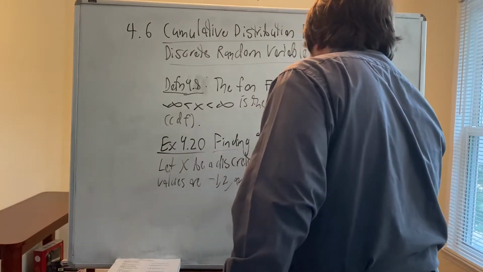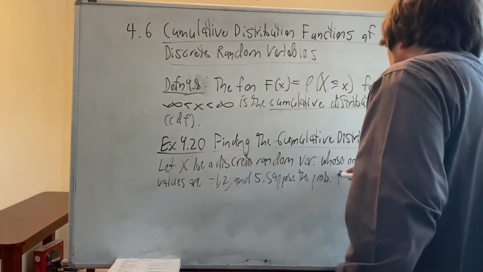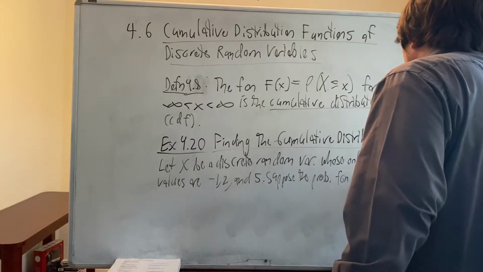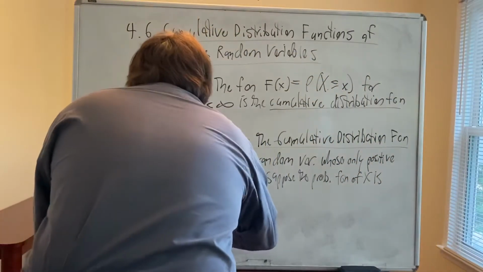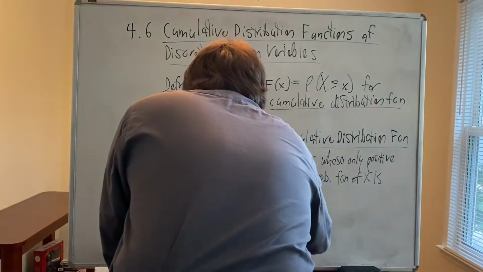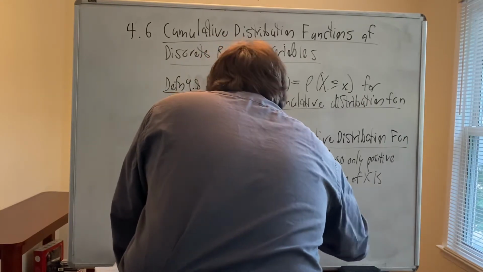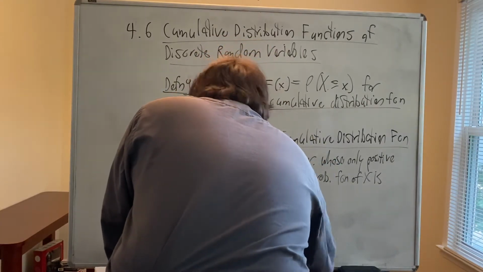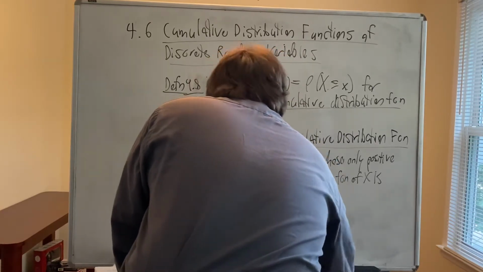Suppose the probability function of capital X is f of x equals 1/4 for x equals -1, 1/2 for x equals 2, and 1/4 for x equals 5.